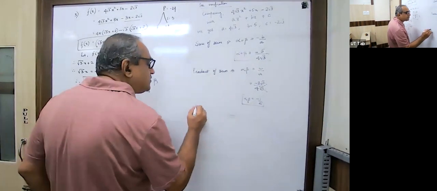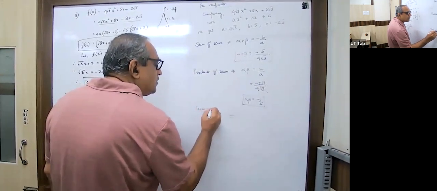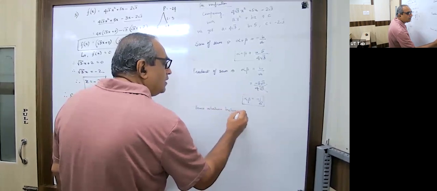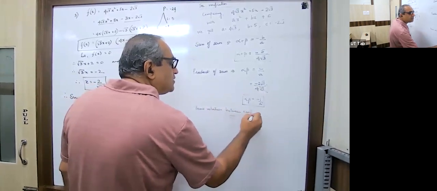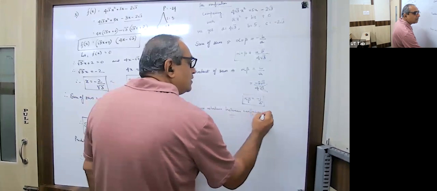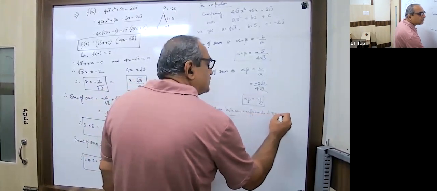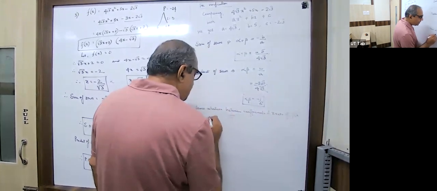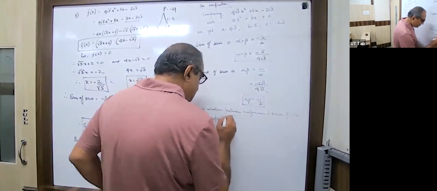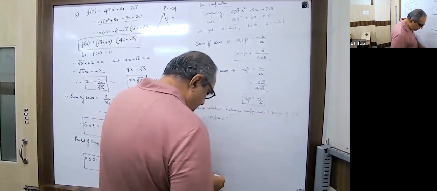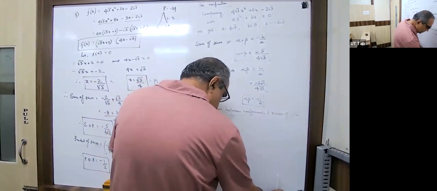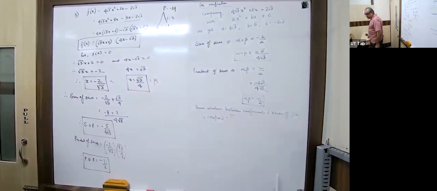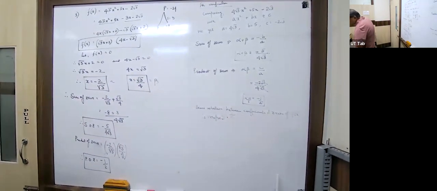Then I write hence relation between coefficients and zeros of f of x is verified. Have you understood this? Yes. Clear? All these steps have to be shown. Do it.